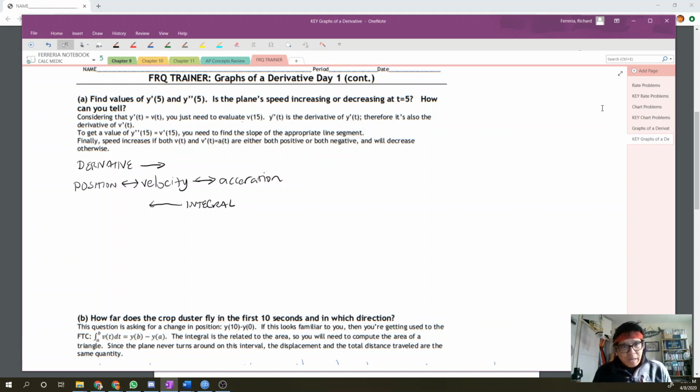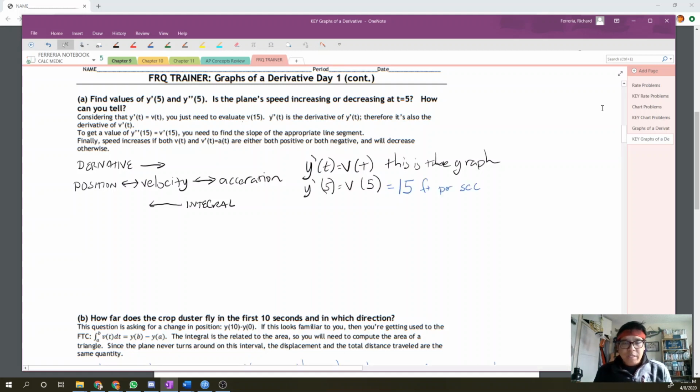We're going to try to find y prime. If y is position, then y prime is velocity, and velocity is the graph they gave you. You could just read the graph to find v of 5, and actually they tell you at the beginning that v of 5 is 15 feet per second. Therefore, y prime of 5 is also 15 feet per second.